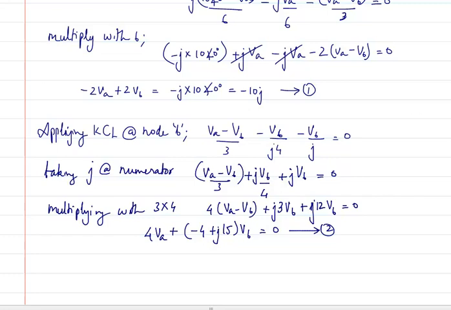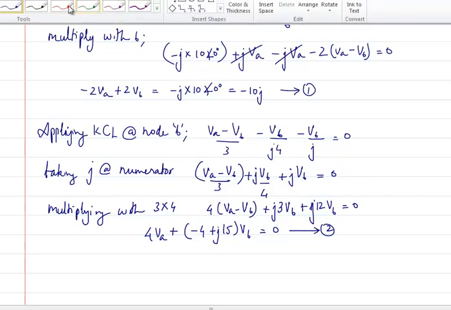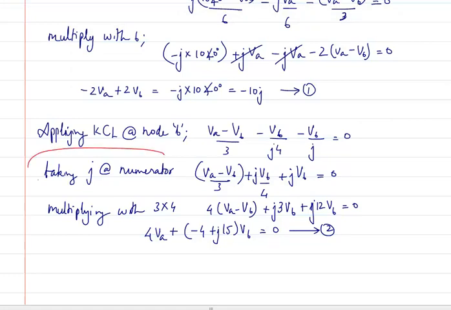So always remember, what I basically want you to remember here is that first you take all the j's present in the denominator to the numerator, and then just like in the case of other KVL node analysis problems, we multiply it with the LCM, or if you don't get the LCM, even try to find out that number which when multiplied with all of this will cancel out all the denominators. So best is to multiply with the LCM.